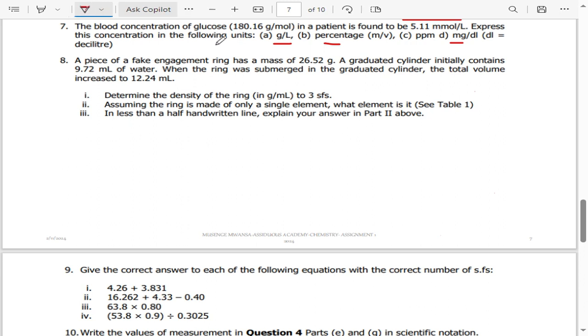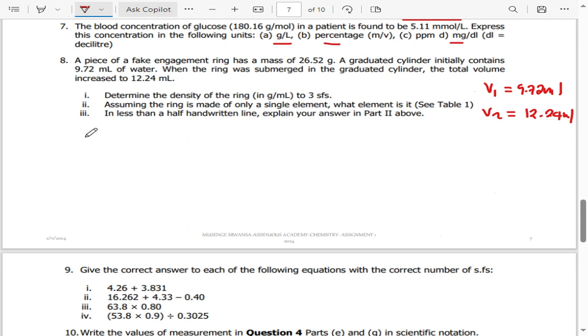Okay, so we need to understand this. The volume of water before the ring being put in it was 9.72 milliliters. When we put this ring inside the water, the volume, that is V2, went all the way to 12.24 milliliters.